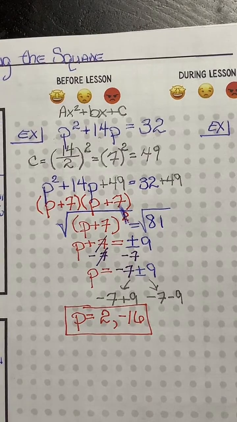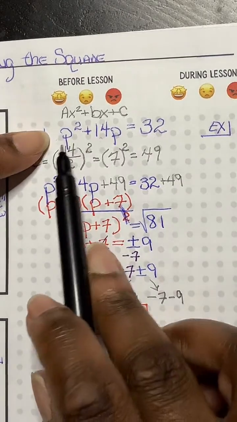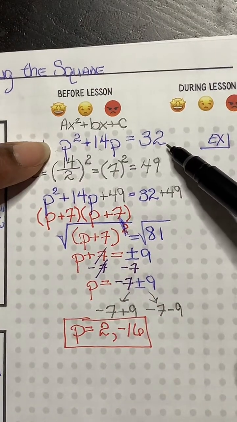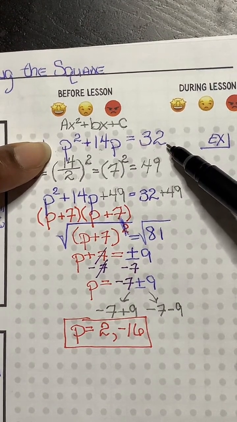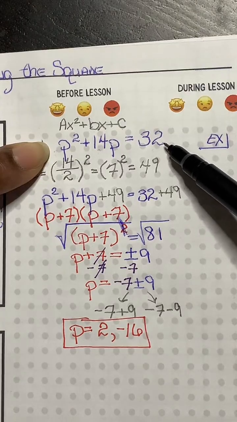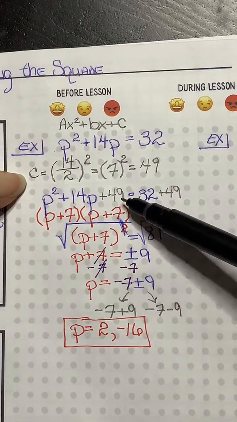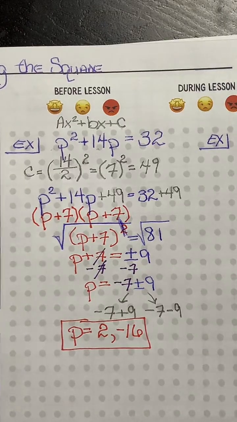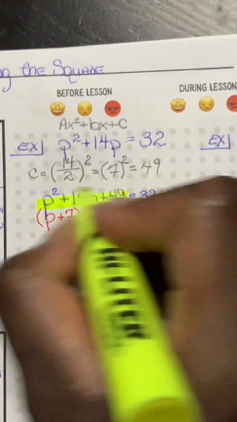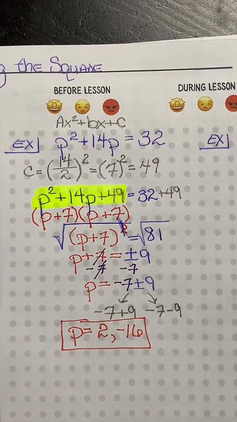All right. So this is what's happening. First off, your equation does not equal 0. Normally when you're breaking down a quadratic, it equals 0. But if you're doing it by completing the square, it has to equal your constant, which it does, which is 32. So then I need to find the new c to complete my square, hence the name.